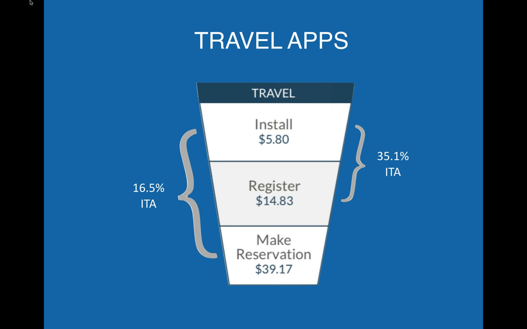Travel in this study encompasses everything from fairly lightweight things, such as just booking a taxi, which is something that most people will do on a whim, sometimes many times per day, and it goes all the way up to booking a hotel room, booking a vacation, booking an international plane ticket, which, if you're buying a plane ticket for $2,000, that's obviously a lot harder to acquire a user who's going to do that.